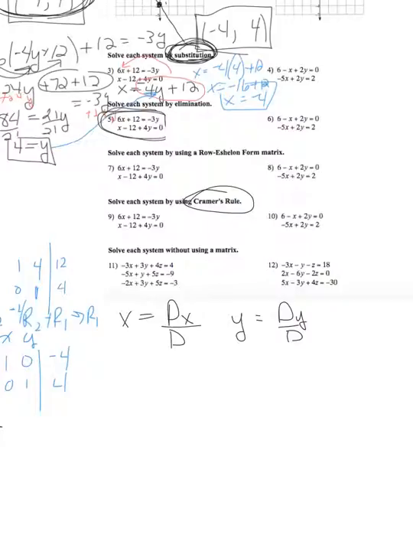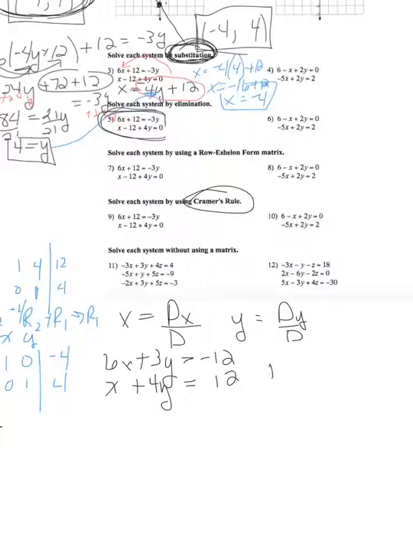So same thing, I still need to get it in standard form. So let me rewrite it down here where we can see that. So I've got 6x plus 3y equals -12, and then the other one was x plus 4y equals positive 12. Okay, so let's get the determinant first.